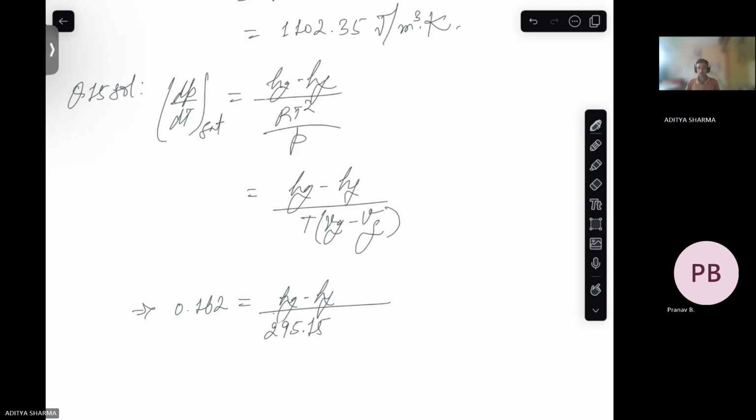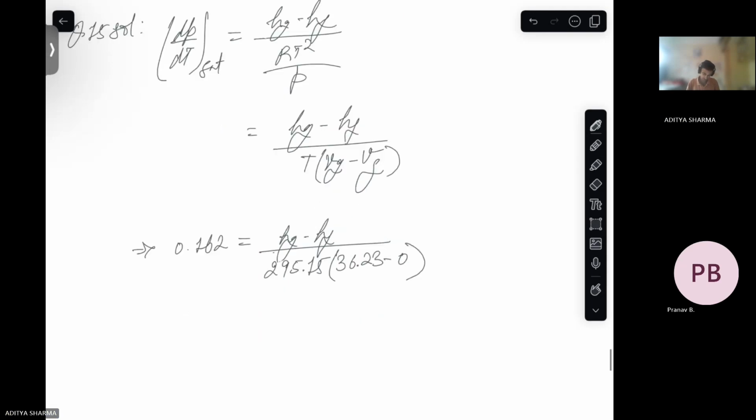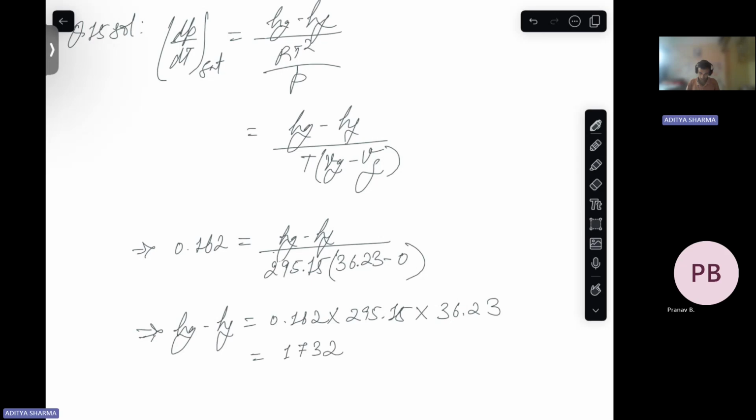Right? And then Vf is 0 and Vg has been given as 36.23. This implies Hg minus Hf becomes 0.162 into 295.15 into 36.23. That comes out to be 1732.31.